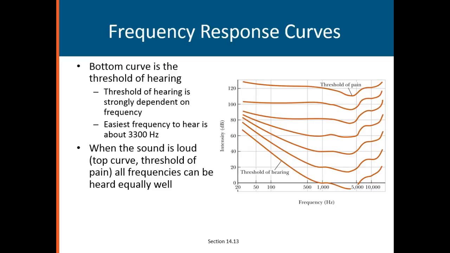When the sound is loud, the top curve, the threshold of pain, all the frequencies can be heard close to equally well. Here, the difference in frequencies have a big difference in the threshold.